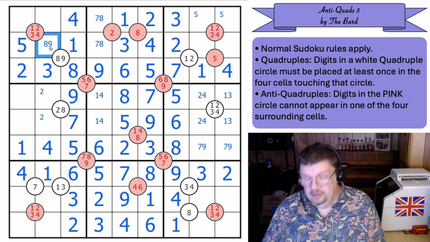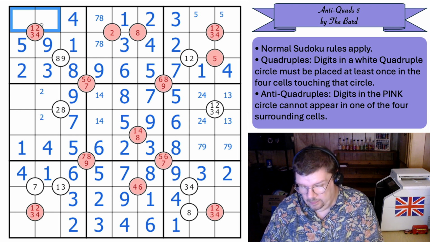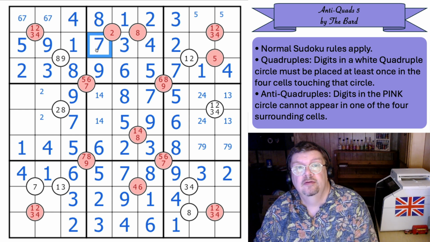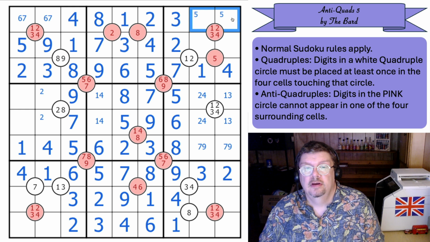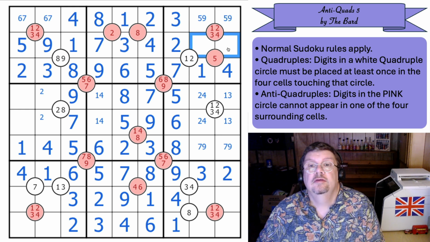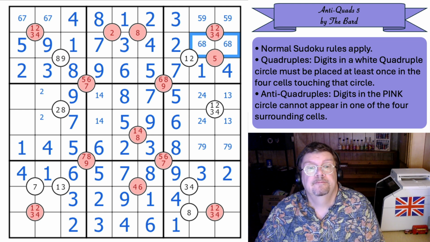That 8 makes that a 9. These two are 6 and 7. That resolves my 8 and 7 there. So this is a 5 with a 9. This is a 6 and an 8. I don't think I know the order of those yet.